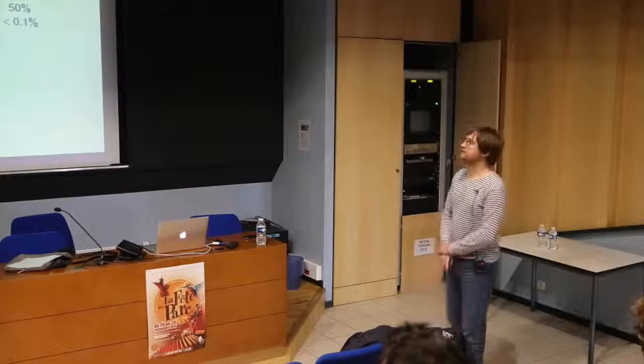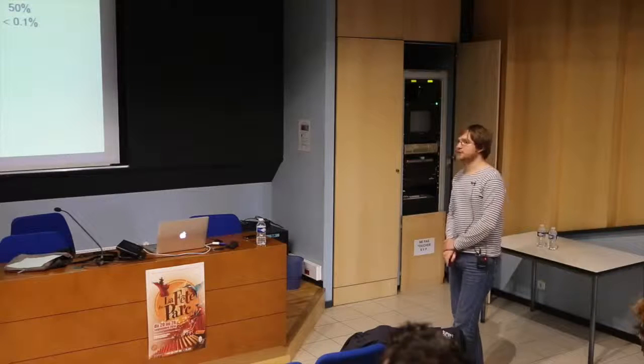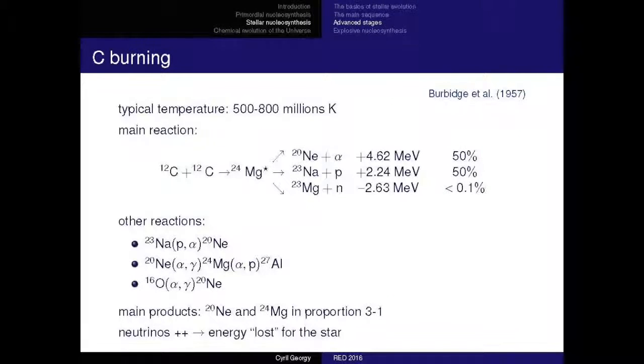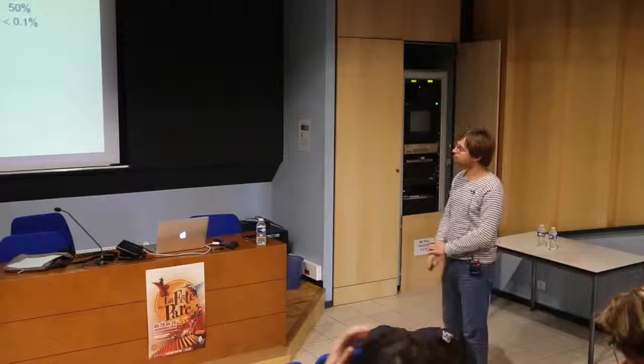So for the more massive stars that are not sustained by the degeneracy pressure, the core will continue its contraction and heating and going to denser states up to the point where we can ignite carbon burning. Typical temperatures for carbon burning are between 500 and 800 million Kelvin.